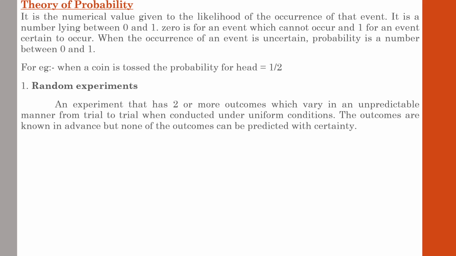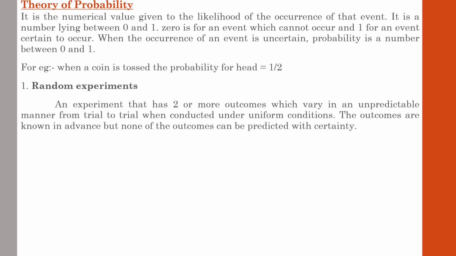Earlier I have mentioned tossing a coin. If a coin is tossed in the air, you will get either head or a tail. So tossing a coin is known as a random experiment. I just mentioned that an experiment has two or more outcomes. So tossing a coin was an experiment, and every experiment has two or more outcomes.